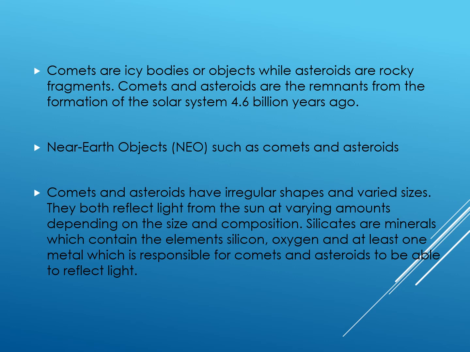They both reflect light from the sun at varying amounts depending on size and composition. Silicates are minerals which contain silicon, oxygen, and at least one metal, which is responsible for comets and asteroids being able to reflect light.